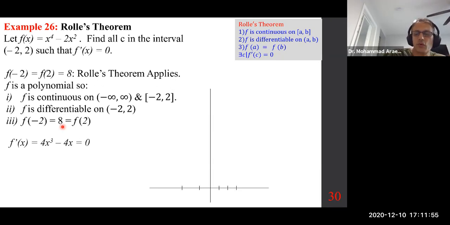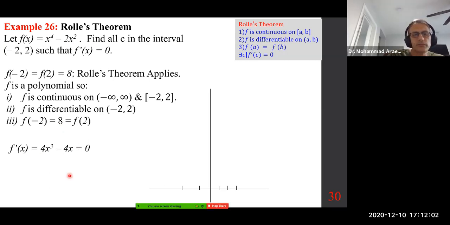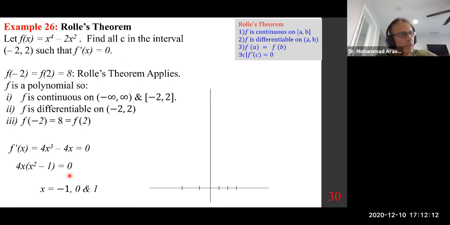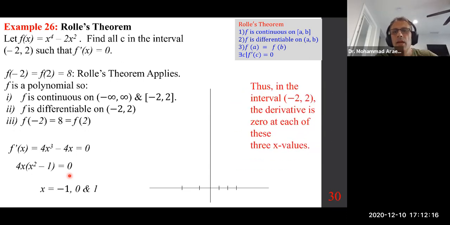Okay, so f prime is 4x cubed minus 4x equal to 0. And so when you set it equal to 0, you get 3 answers. x is negative 1, 0, and 1. And with that being the case, why are all 3 acceptable?